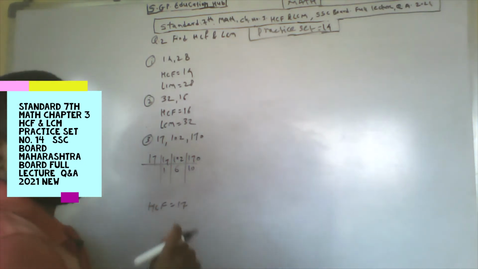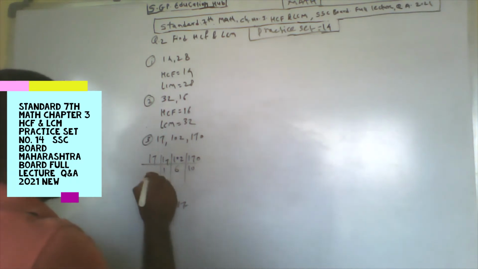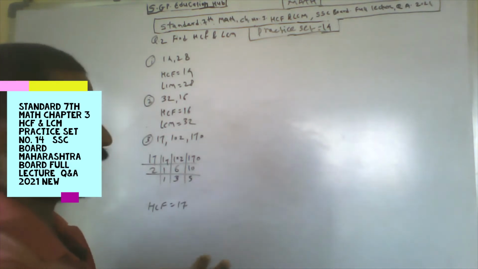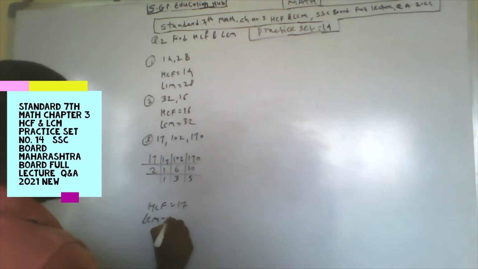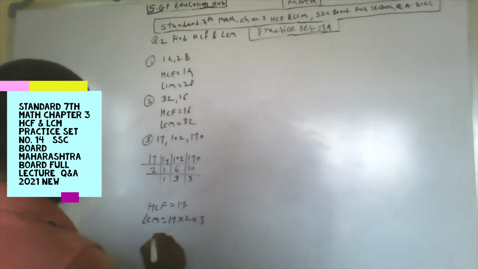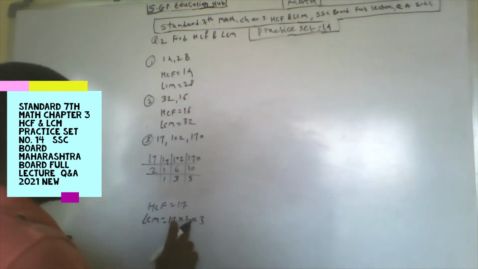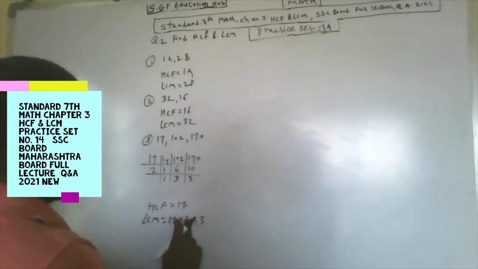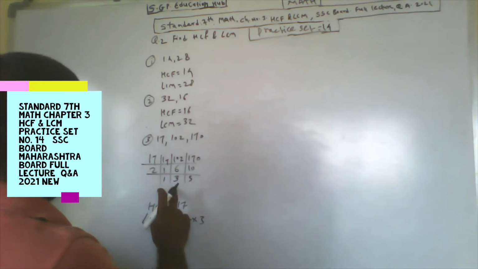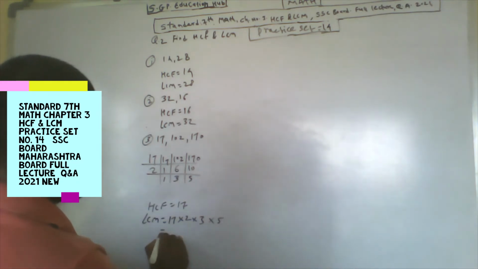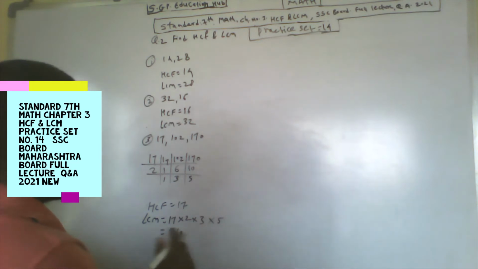Now for the LCM we are going to divide more. 1 remains 1, 2 3s are 6, 2 5s are 10. Now 3 and 5 are prime numbers, so the LCM is 17 into 2 into 3 into 5. The answer is 510. The LCM is 510.